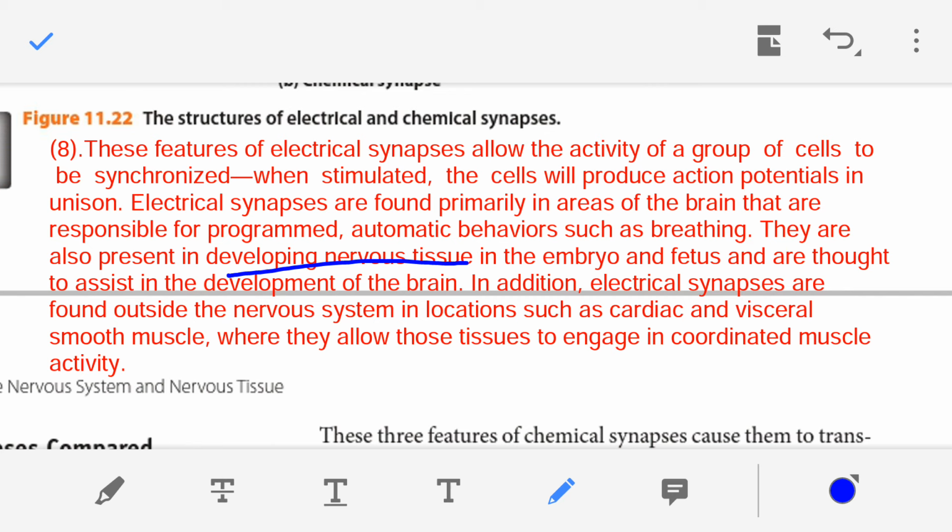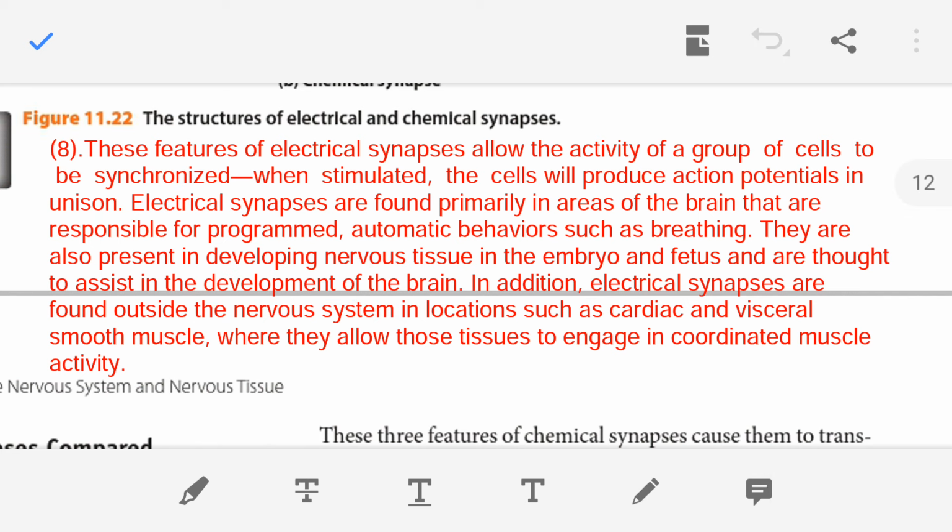It is thought that this assists in the development of the brain. So the greater number of electrical synapses present will be helpful for the development of the brain.